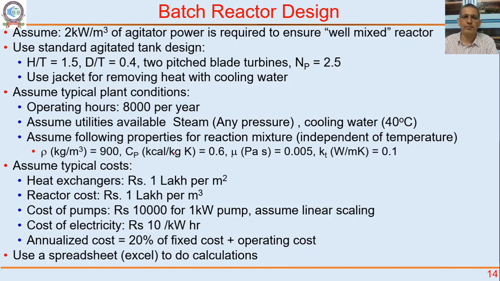Cost you can assume the same. Use a spreadsheet to do calculations. Design a batch reactor at different temperatures. I'm going to show you parts of the Excel sheets, but you do it for yourself.